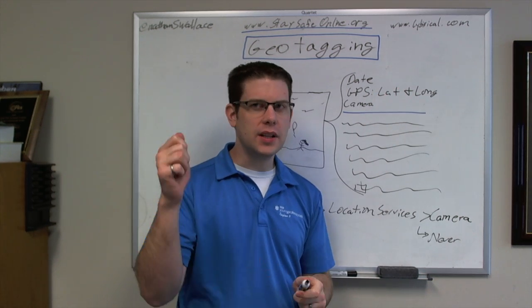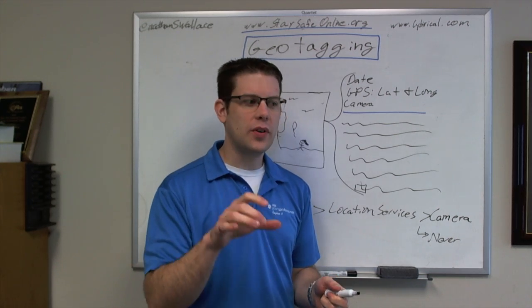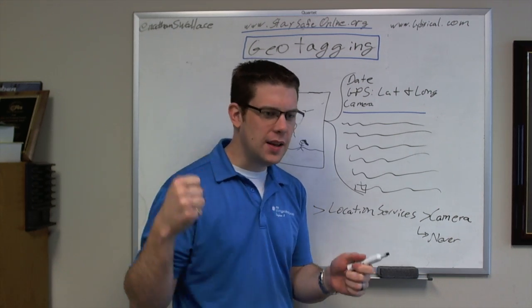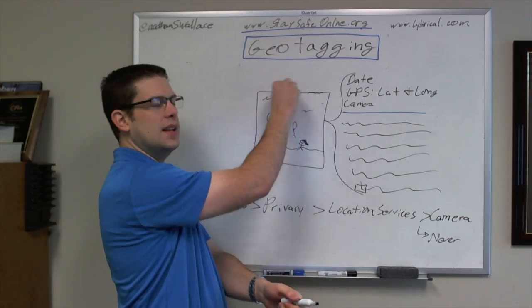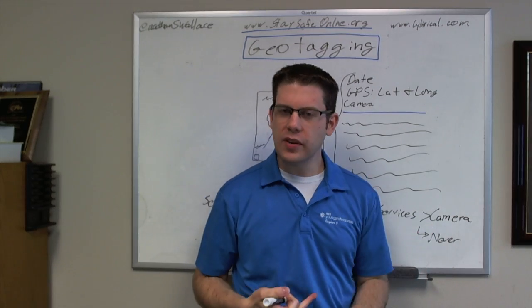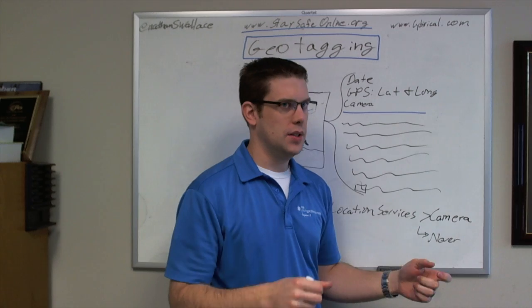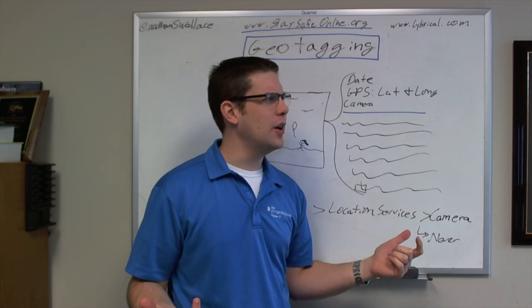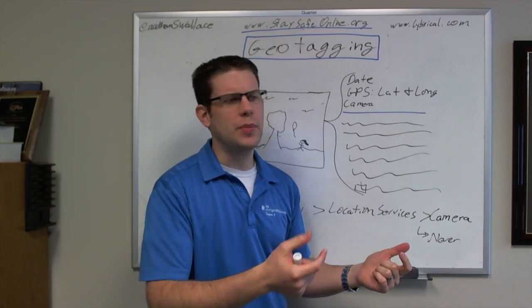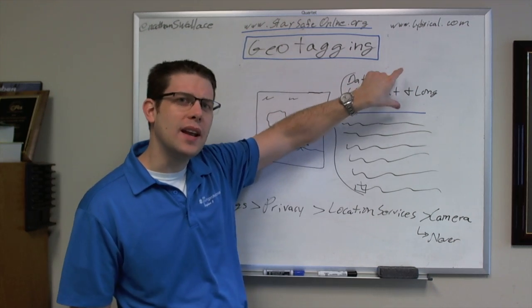Every time you click, click, click, take a picture, it takes a snapshot of the GPS coordinates and puts it inside the metadata of the image, as well as the camera. You can look at the type of camera, whether it was an iPhone, what type of iPhone, the settings, and I think the iOS version may even be in there. That all gets embedded and saved in the metadata.